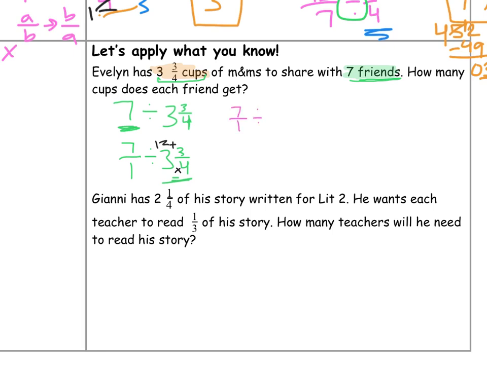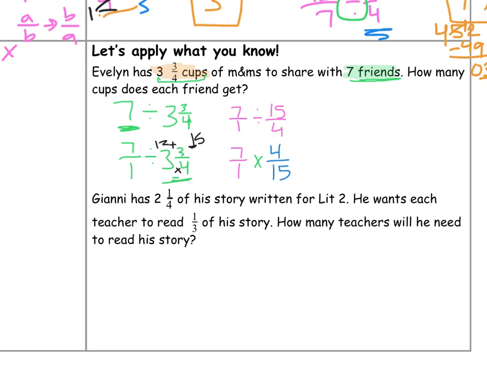7/1 divided by 15, the 15 that I got from right here, over 4, 15/4, keeping that denominator. And now I get to do my keep, change, flip. So I'm keeping the 7/1, then I'm changing the sign, and now I'm flipping my fraction.